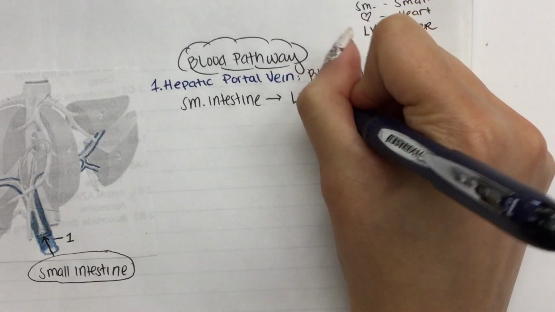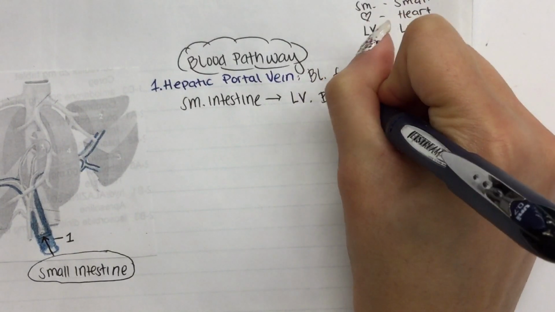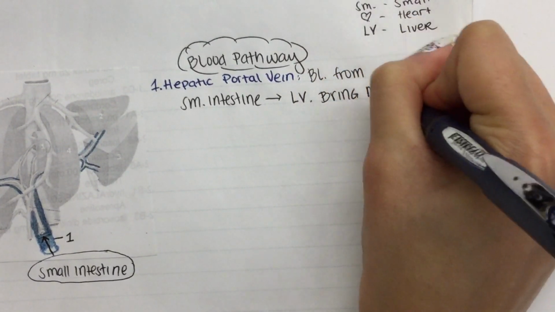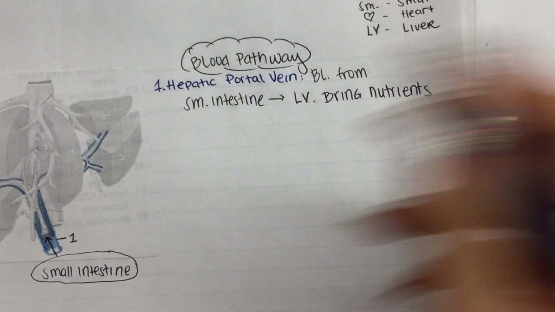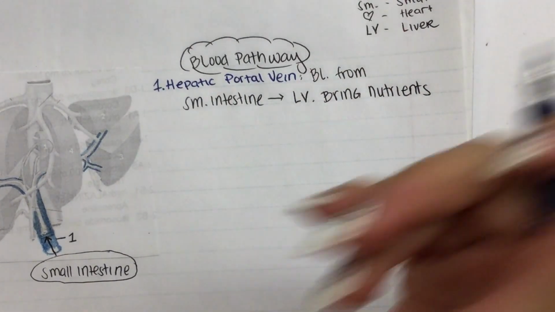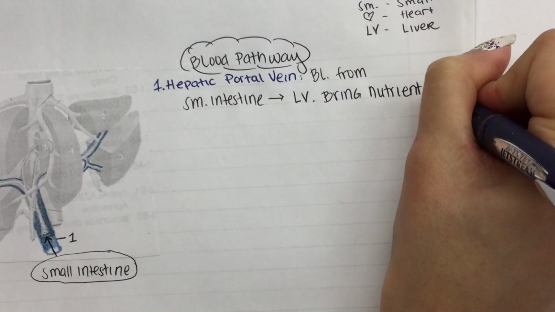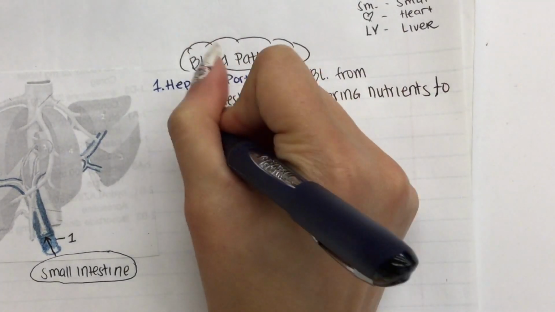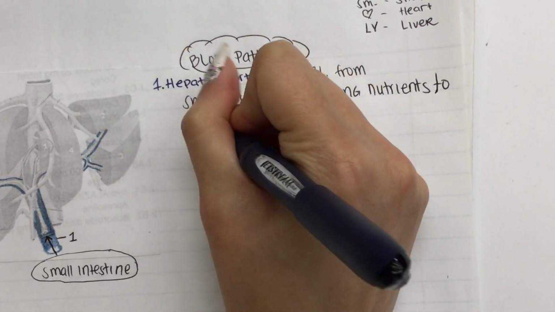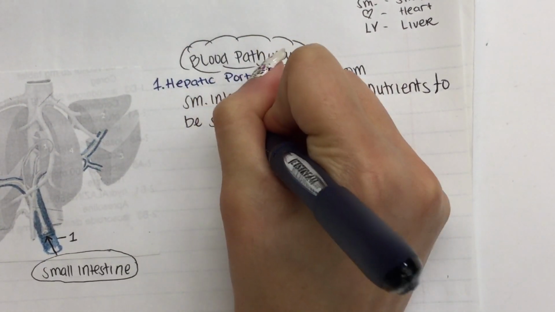So this is going to bring nutrients from the small intestine to the liver. And what's going to happen to the nutrients is, depending on what nutrients we're talking about, they're either going to be stored. So for example, do you guys remember what was it?